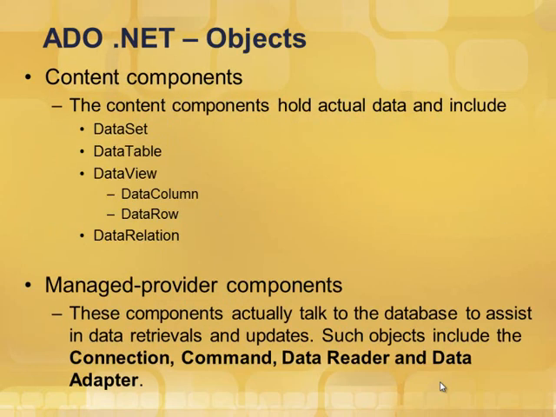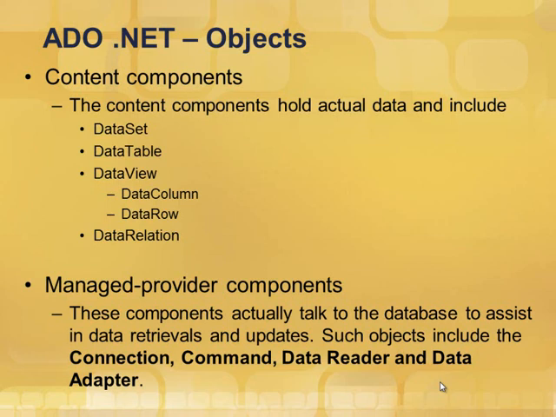The content components are the ones that actually store the data locally, when you receive it from the database. One of the heavily used ones is the DataSet. A DataSet contains data tables, and along with that, it may contain views also. Both the data tables and views contain columns and rows collections, and you can also have relationships between them. This is the one that contains the data.